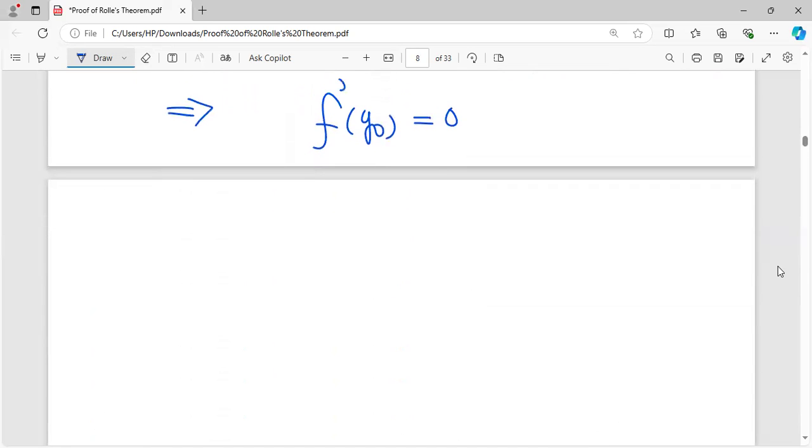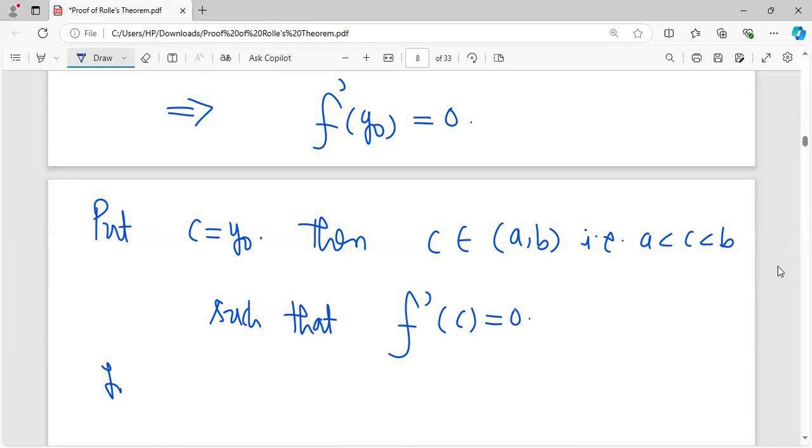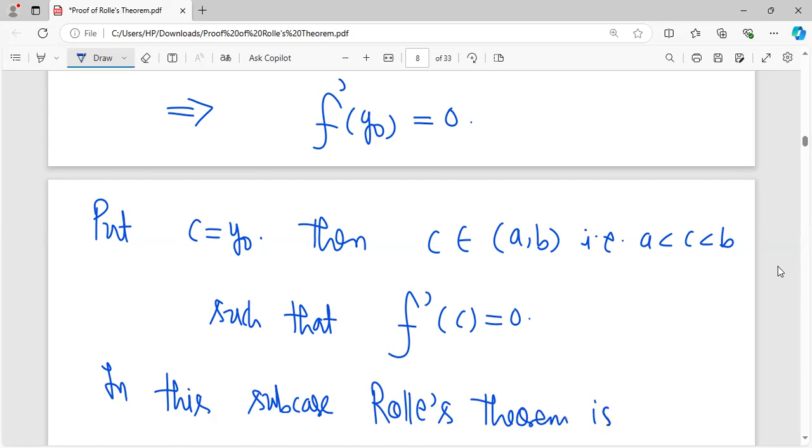So now put c equal to y naught, then c belongs to the open interval (a, b). It means c lies between a and b, such that f dash c is equal to 0. So in this subcase, Rolle's theorem is proved.